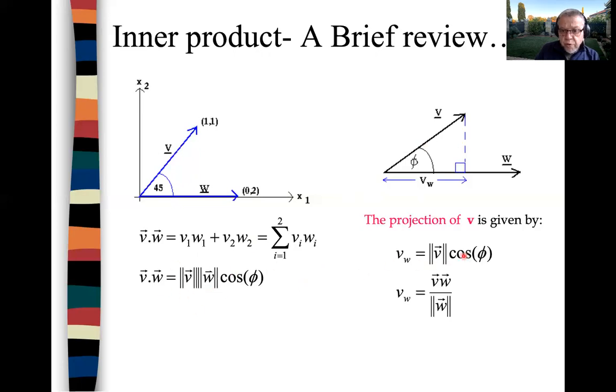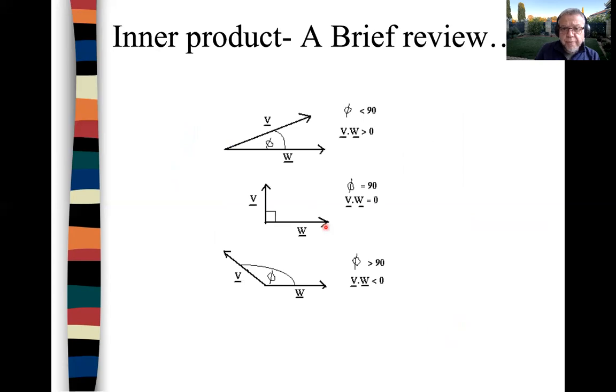If you're looking for the norm of v times cosine phi, you can write it as the dot product divided by the norm of w. If you're projecting on the x-axis, on i, you're assuming that you have an orthonormal basis, so the norm of i would be equal to 1.